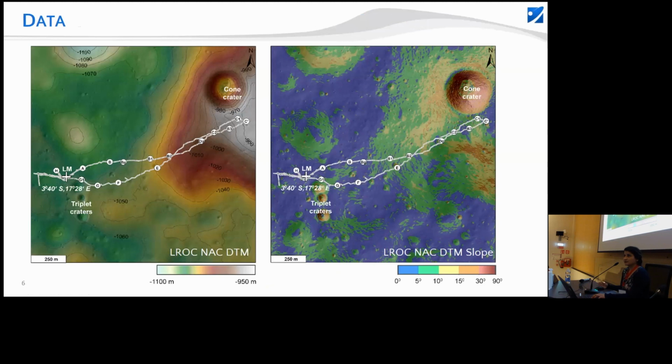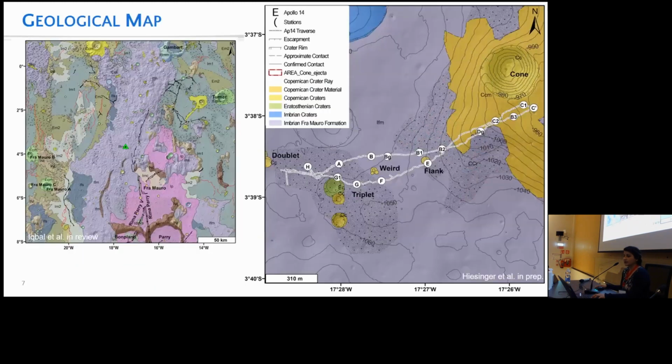We can create DTMs and slope maps, and we can exactly map where the traverse was taken, where the astronauts walked. We can even see the position of the lunar module.